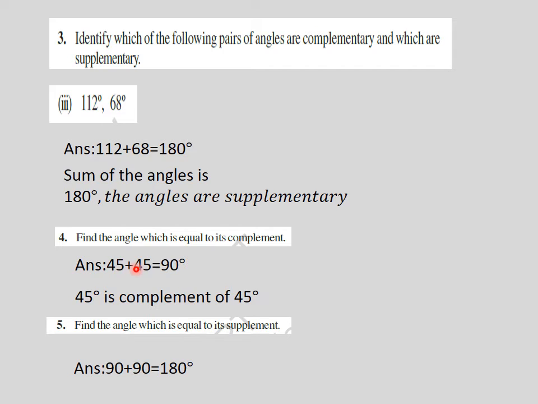Find the angle which is equal to its supplement. It is 90. 90 plus 90 is equal to 180. So 90 is the supplement of 90. So the angle which is equal to its supplement is 90 degrees. Okay.